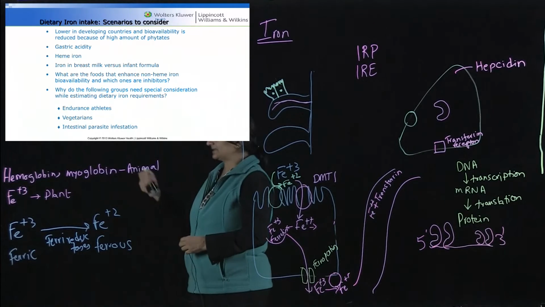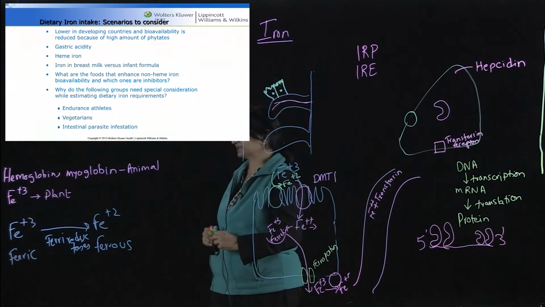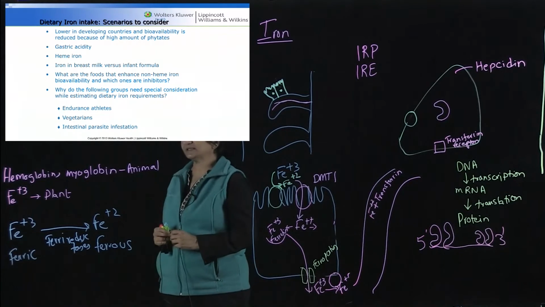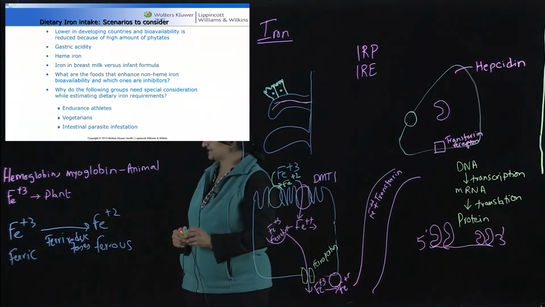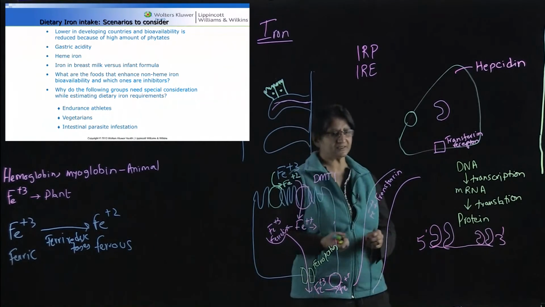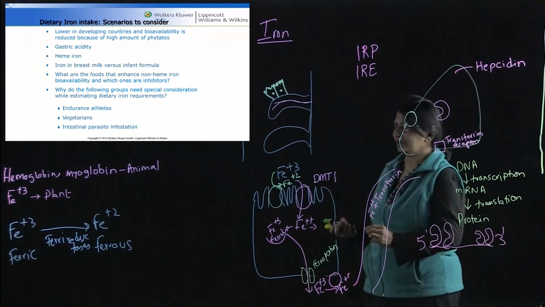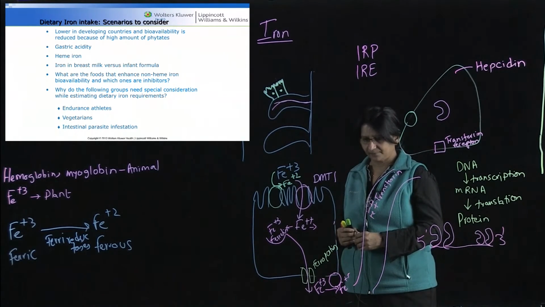And then ultimately at the bottom we are talking about why the following groups need special consideration while estimating dietary iron requirements. Endurance athletes, think about that a little bit, as well as vegetarians, and then intestinal parasite infection. I think these are conditions that you can kind of figure out based on what we've talked about so far.